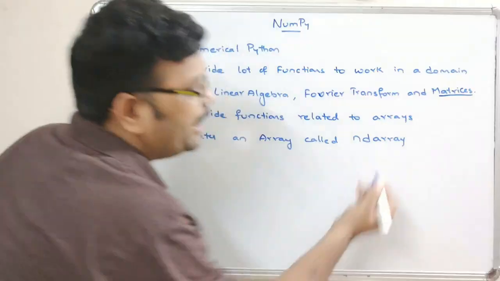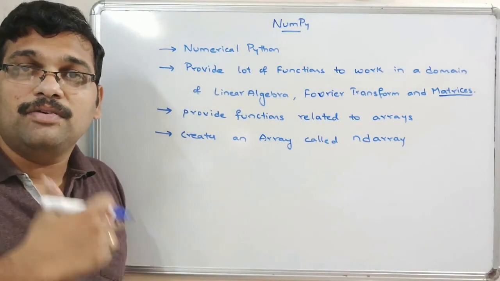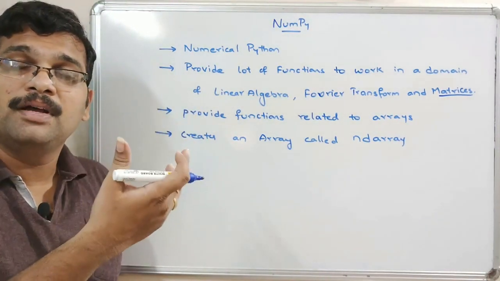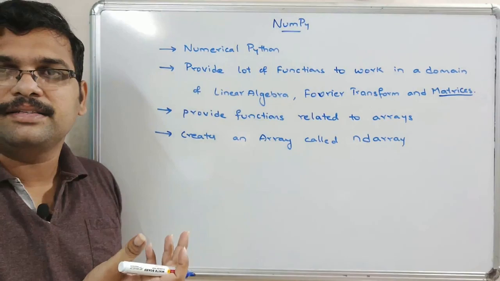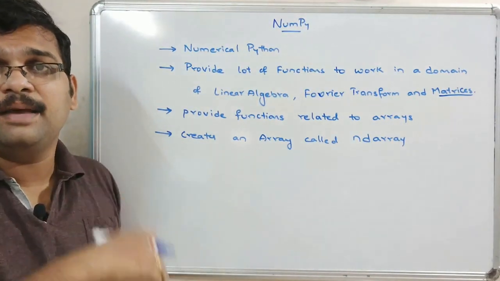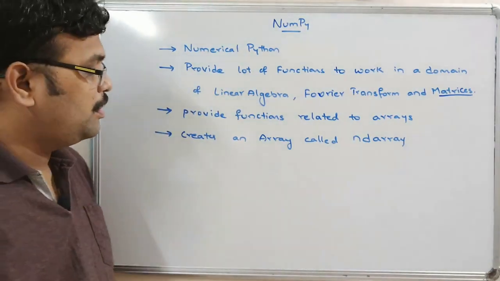ND array means n-dimensional array, right? So it will provide different functions to work with n-dimensional arrays. We'll see one by one how to create the n-dimensional array by using this NumPy.